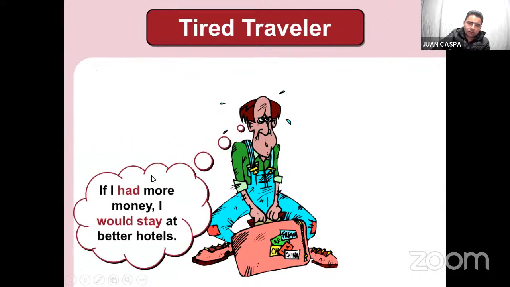This is where we're going to work with indefinite pronouns. So this is to explain or to talk about some of the uncertainties. If I had more money, I would stay at better hotels, right? This is an unreal conditional also.